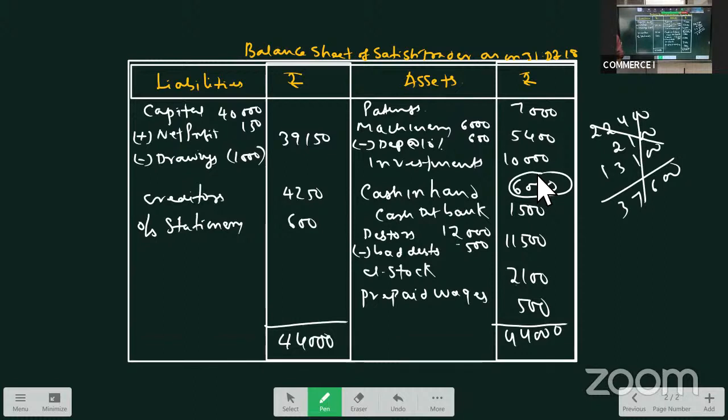So first let us get ready with the format, for trading account, P&L account, and balance sheet.